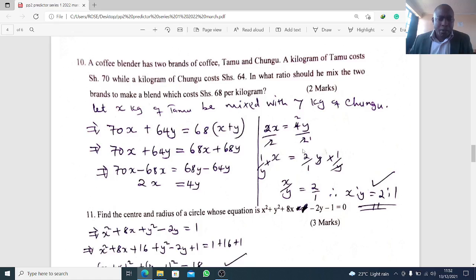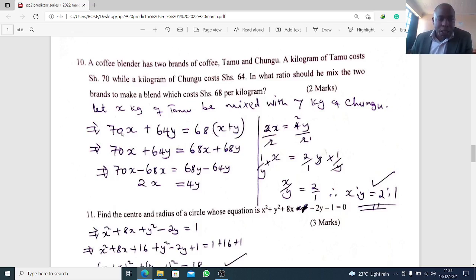I have explained in my tutorials previously that the cost of the kgs in the mixture and the kgs independently will be equal. That is, the amount used will be equal.